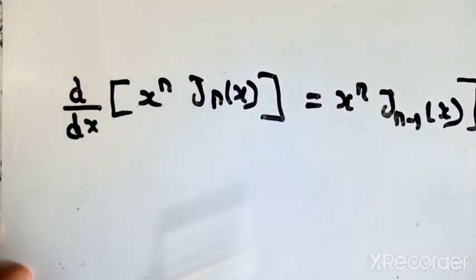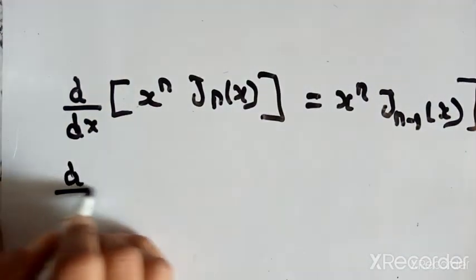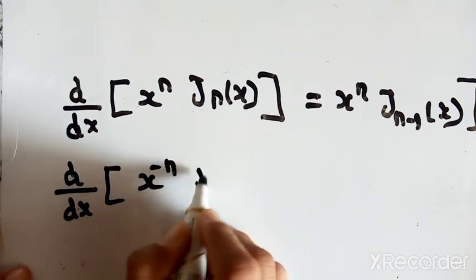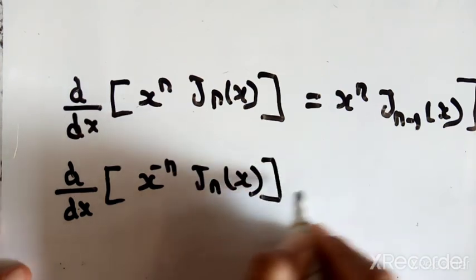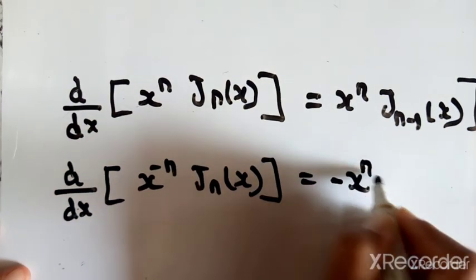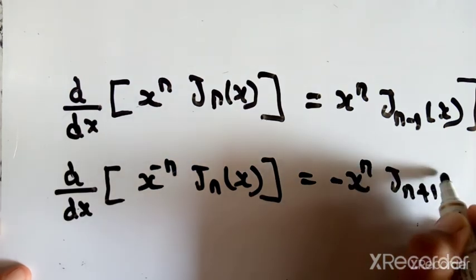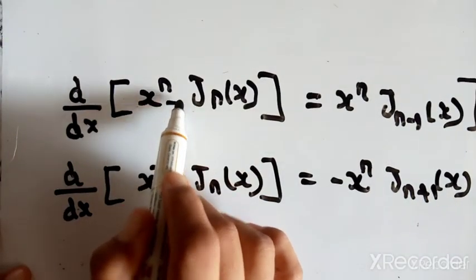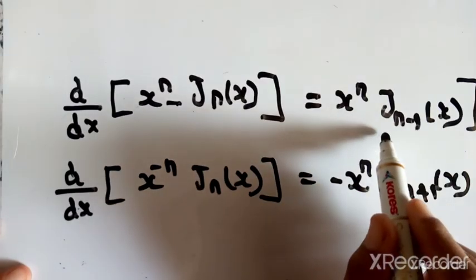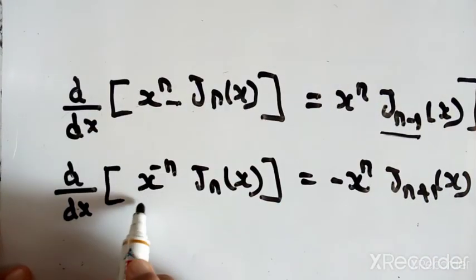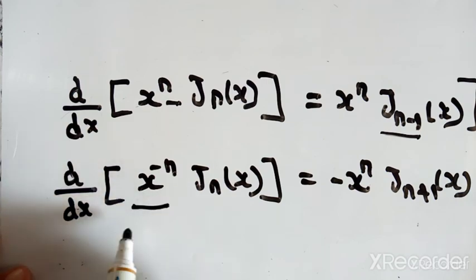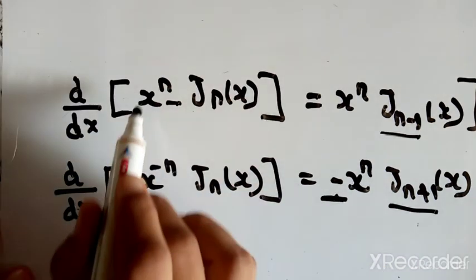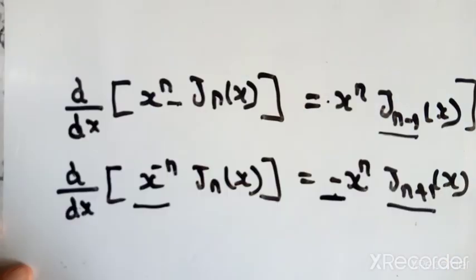These results are very useful, so you should remember them. Also d upon dx of x power minus n into J n of x equal to minus x power n into J n plus 1 of x. Remember, with x to the power plus n we get J n minus 1, and in this formula with x to the power minus n we get J n plus 1, and here it is negative.